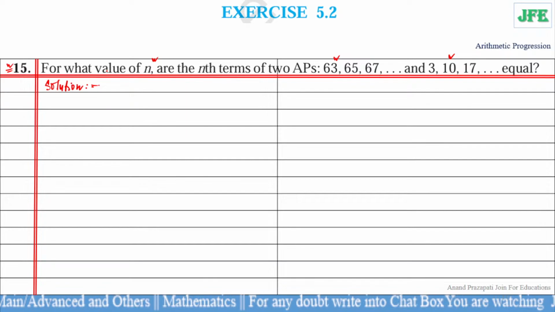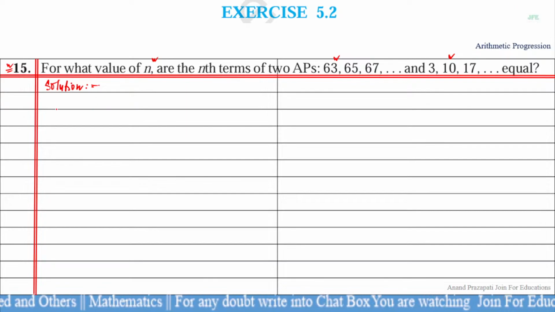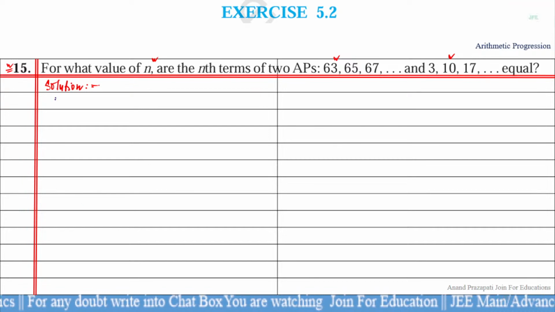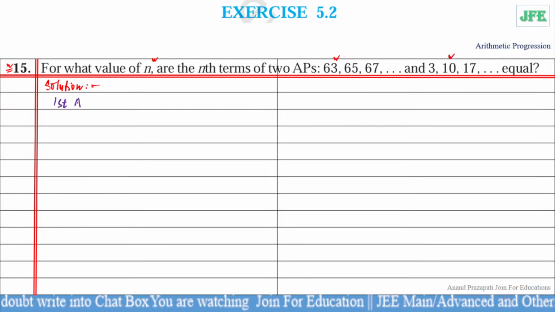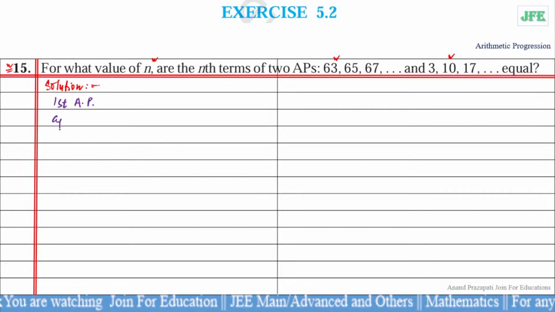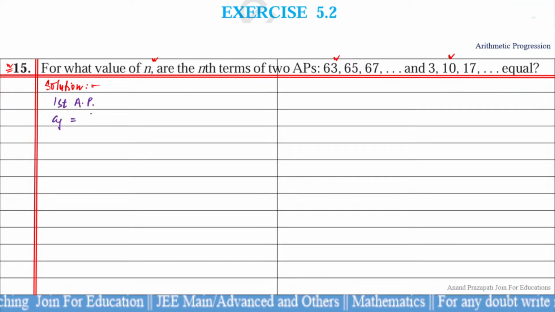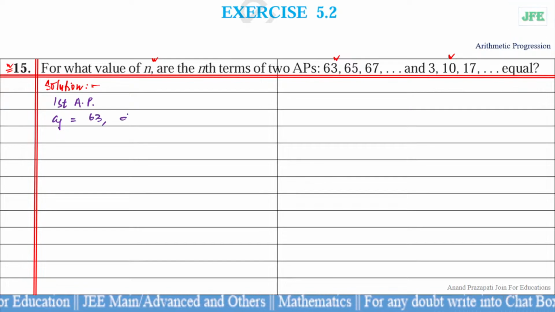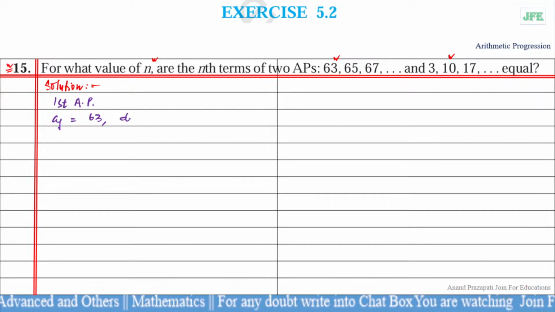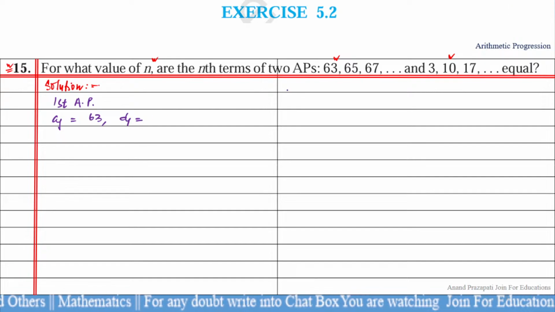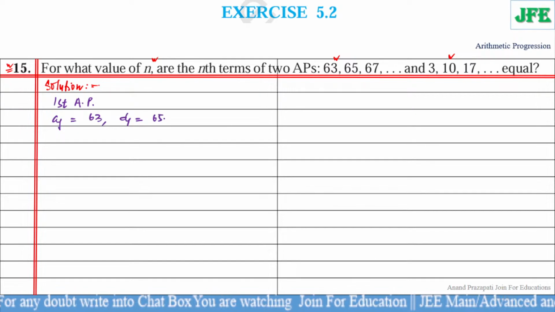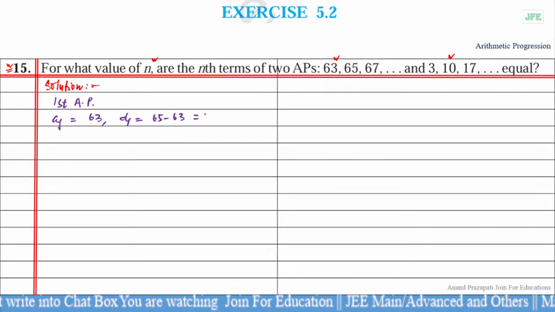So, first AP: let the first term of the first AP be a1, which is 63, and the common difference, suppose this is d1, which is 65 minus 63 equals 2.